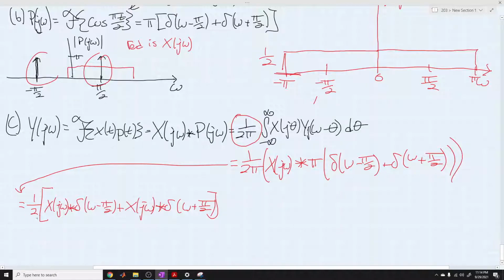And the sifting property from module 2, I believe, applies right here. The sifting property is just going to be that X of j omega convolved with a delta of omega minus omega naught is equal to, so we'd have 1 over 2 times X of j omega minus pi over 2 plus X of j omega plus pi over 2.